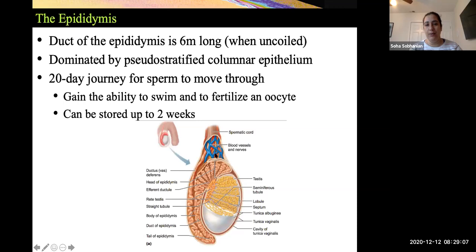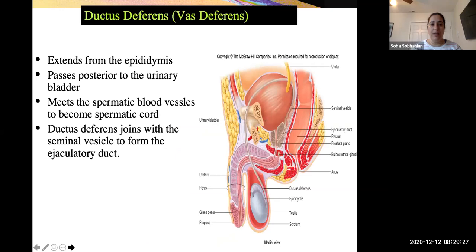You can see the blue, yellow, and red that is depicting the nerves and the blood vessels. So if you combine all of this with your vas deferens or ductus deferens, so the tube and then all the blood vessels and nerves, that new structure is referred to as the spermatic cord. So if you look at this, it says meets with the spermatic blood vessels, and at that point is referred to as the spermatic cord.